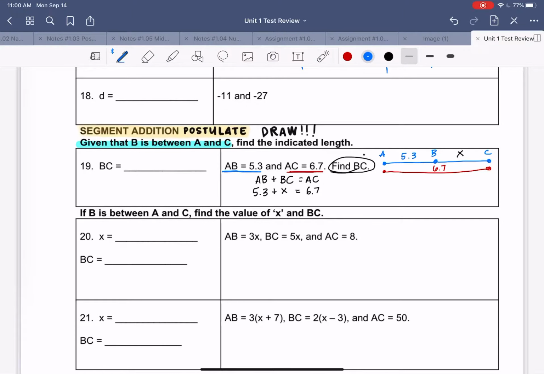Well, now we just solve for X, which in this case, we're going to subtract 5.3. Okay. And 6.7 minus 5.3 is 1.4. So X equals 1.4.